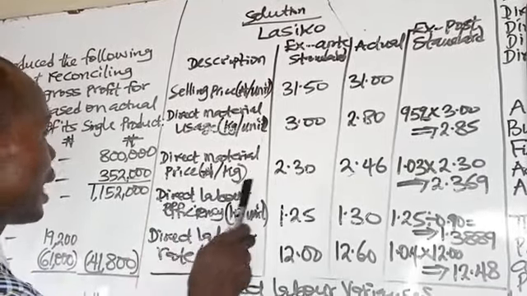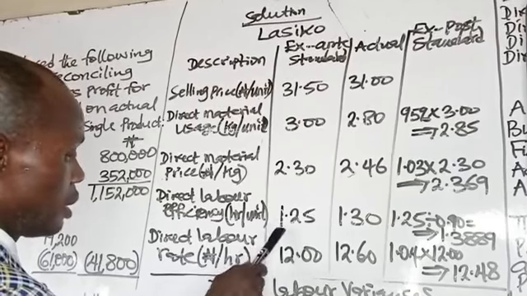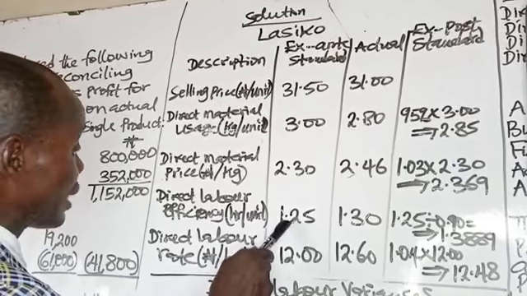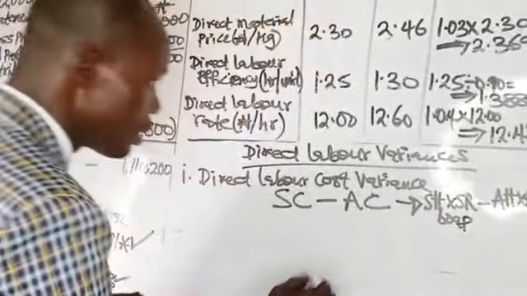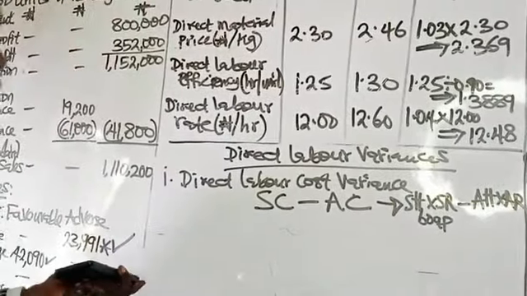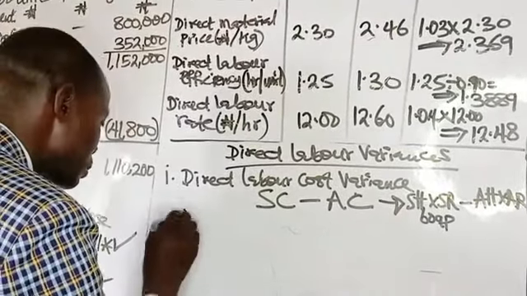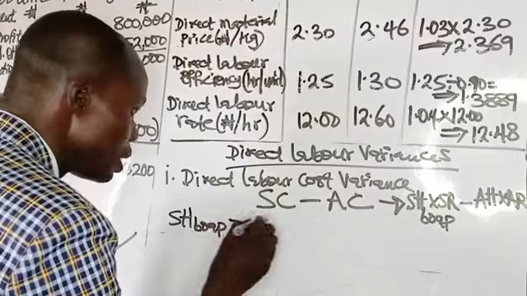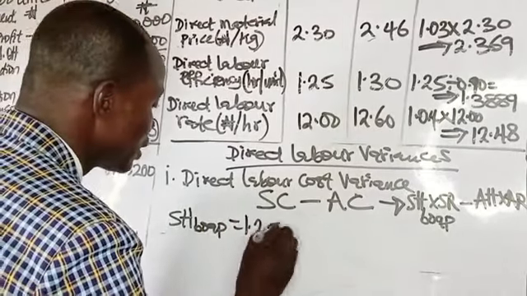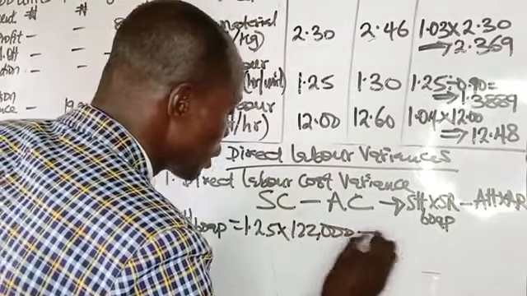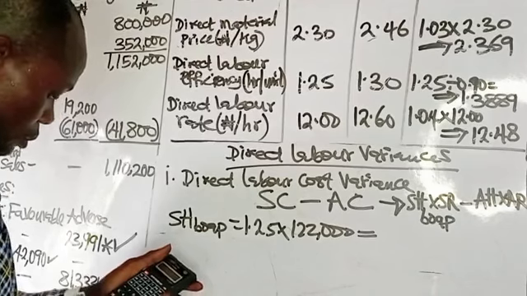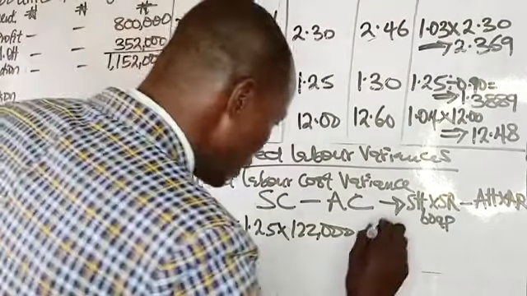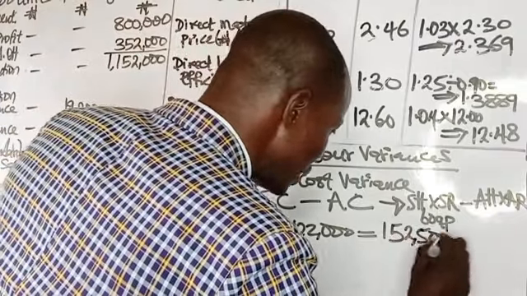So the standard hour for direct labor is 1.25. We used to flex our standard based on actual production. So that means our standard hours based on actual production will be 1.25 times 122,000. So that gives us 152,500 hours.